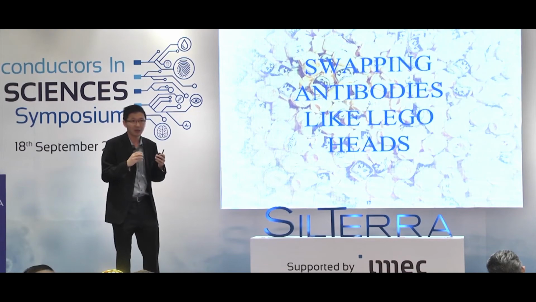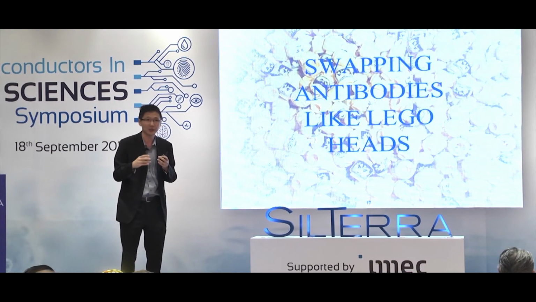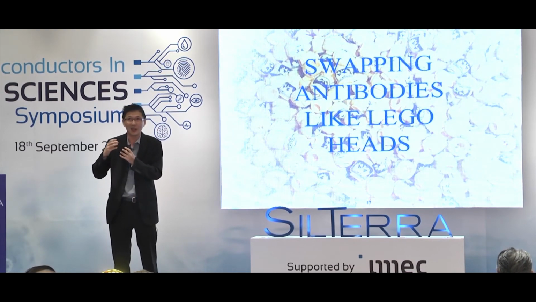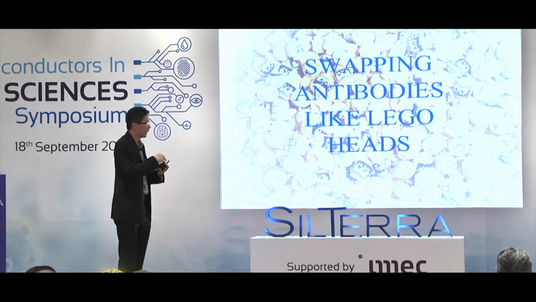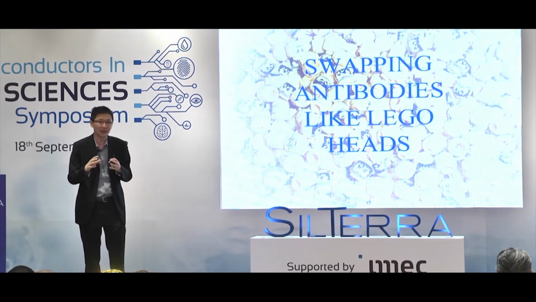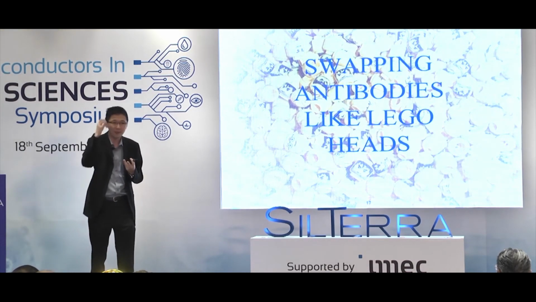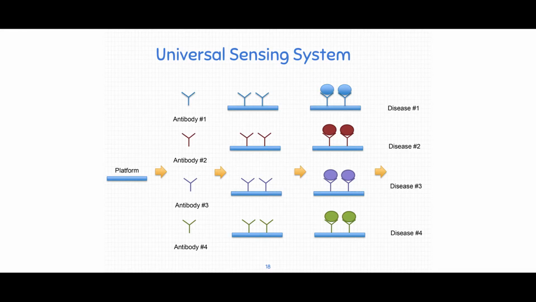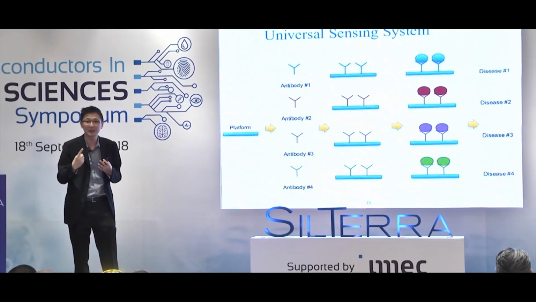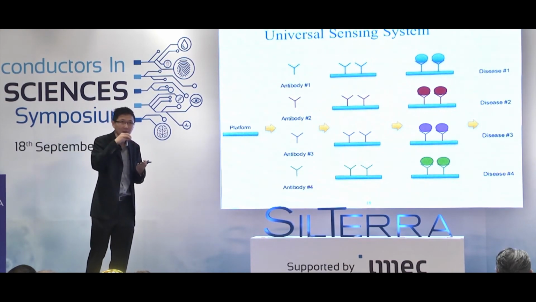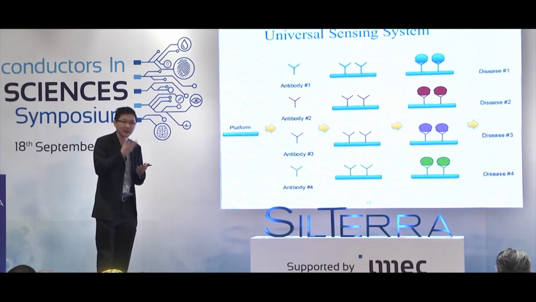Much like how this concept works, it can work in a biosensors application. Consider that the body and the legs are part of your sensor, and the head is the antibody. By swapping the heads, we can define different applications on the same platform. So you can have one platform that can be used to detect multiple diseases, just by swapping the antibodies that you attach.